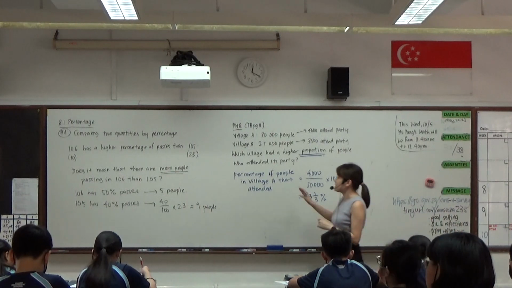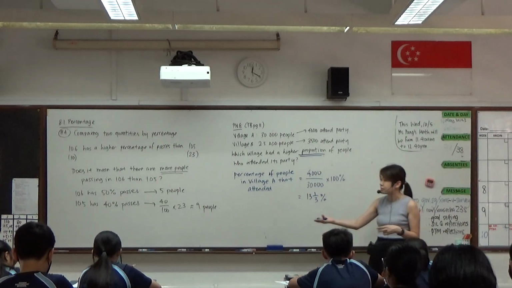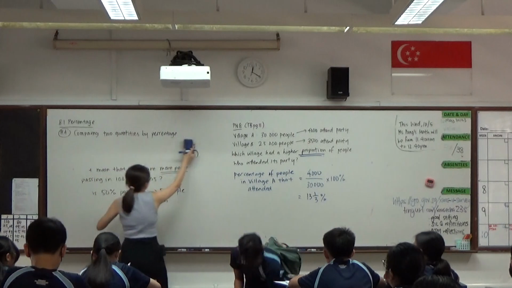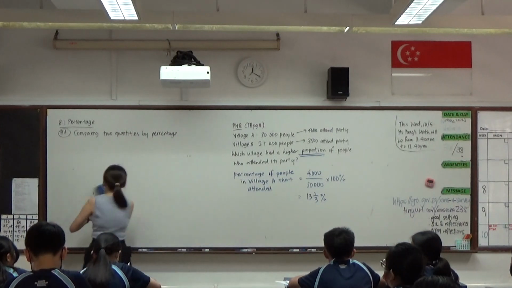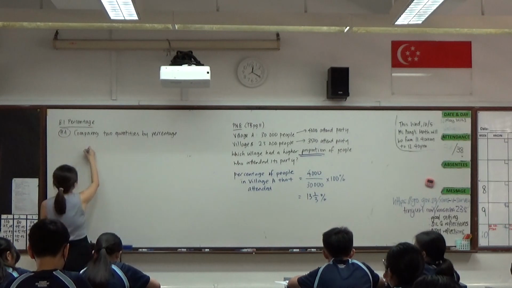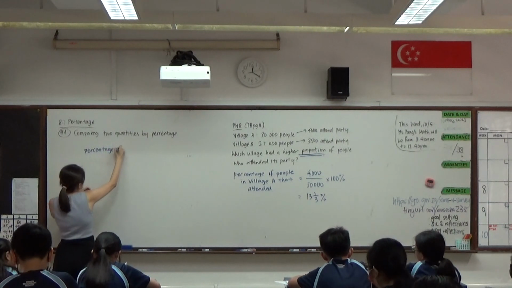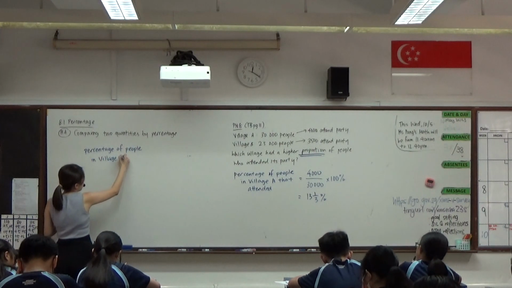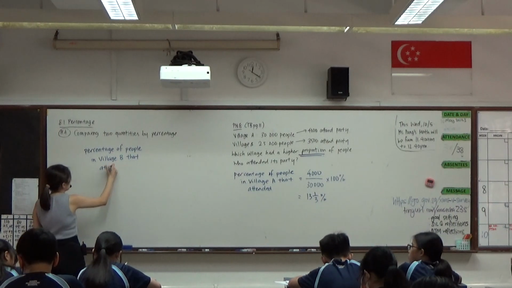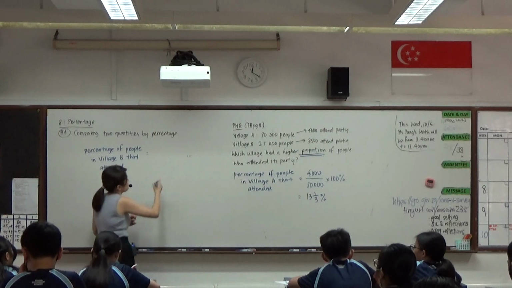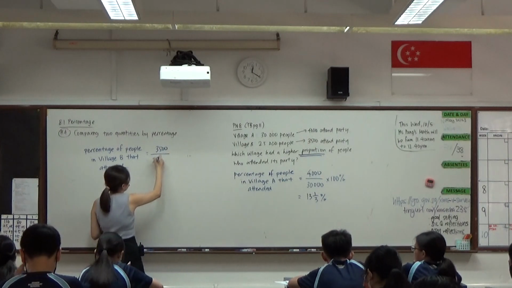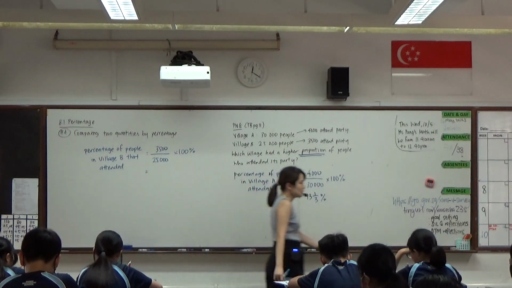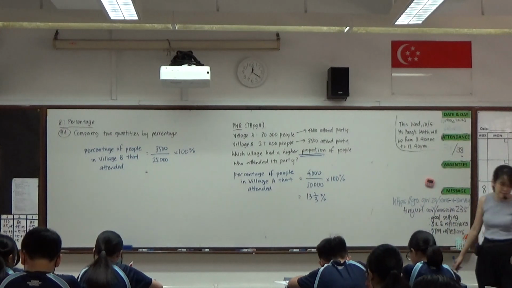We do the same to find the percentage of people in village B that attended. Times 100%, and keying that into our calculator, we get 14%.